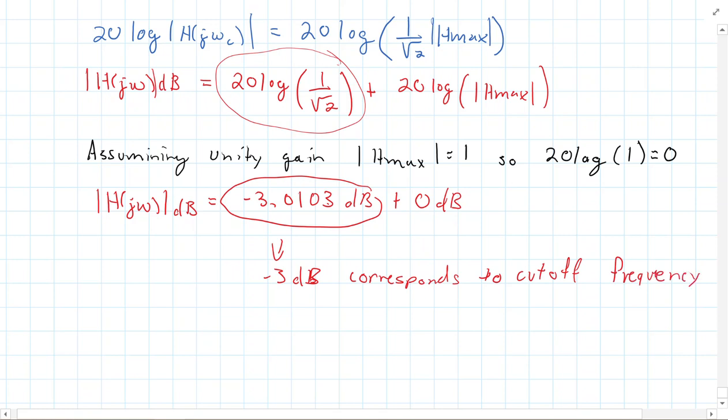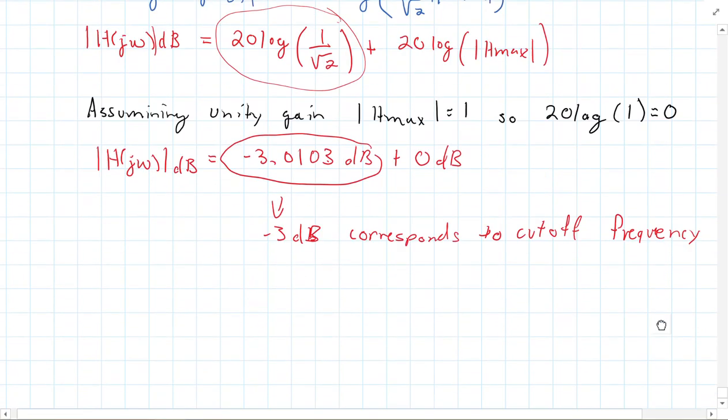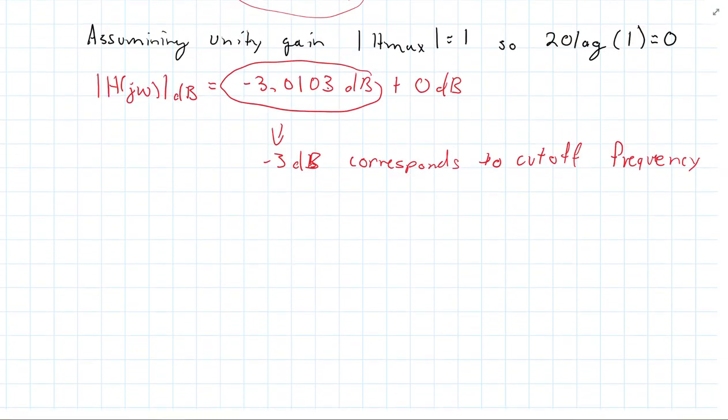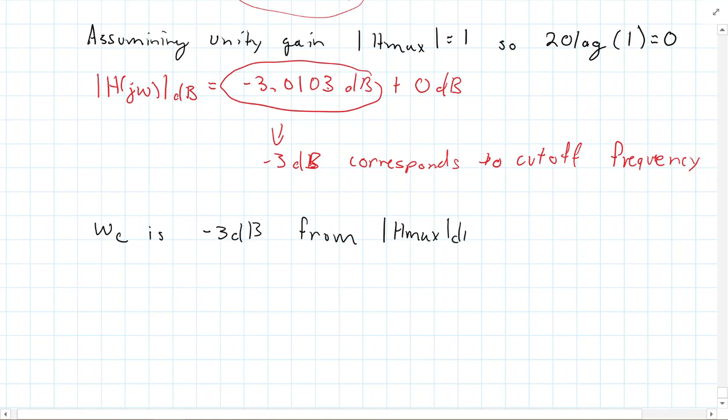Now we might want to be a little more careful here. We should really think of the cutoff frequency omega c as minus 3 dB from the H max in decibels.